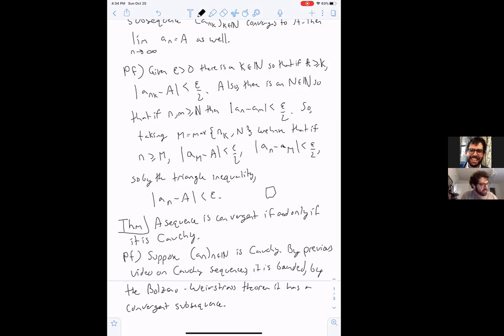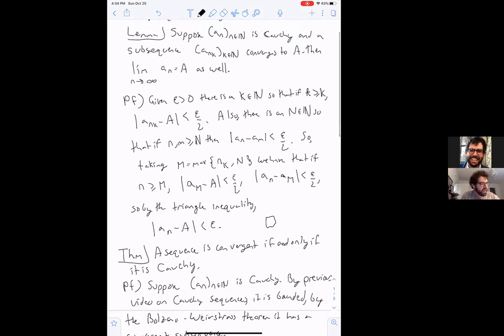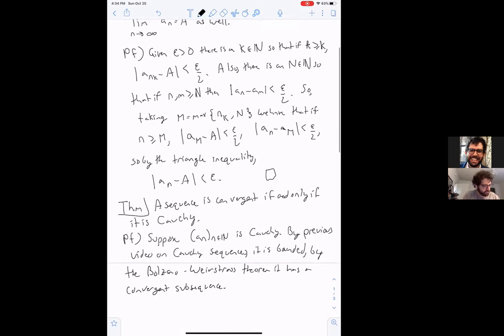But now, by this lemma, we said if we have any subsequence that converges, then the original sequence does too. So by the lemma, the sequence converges.